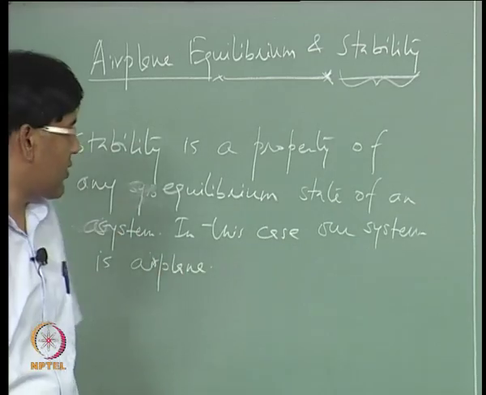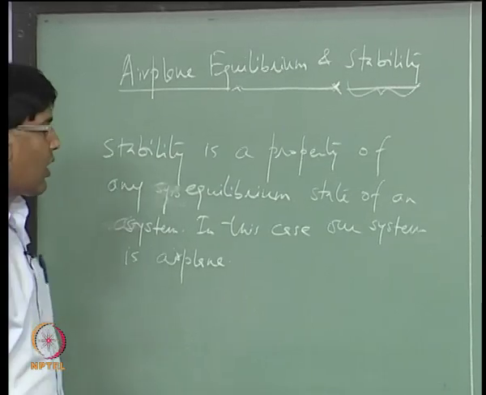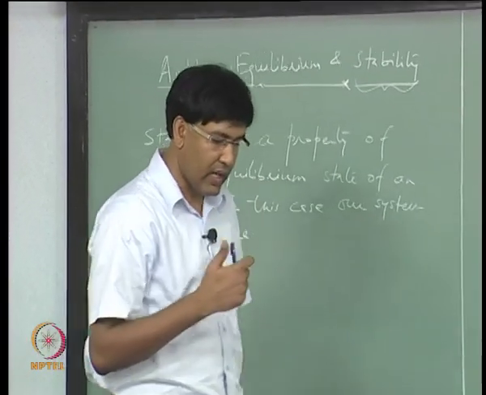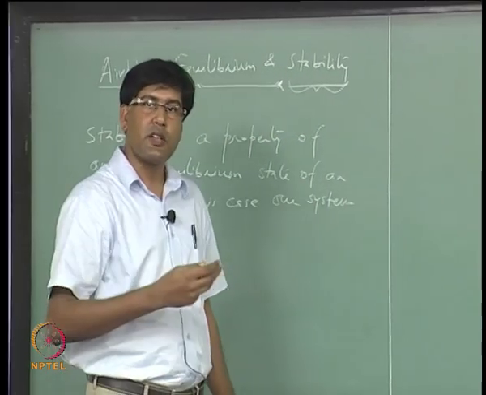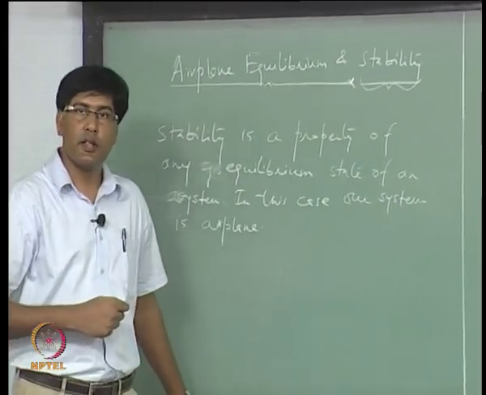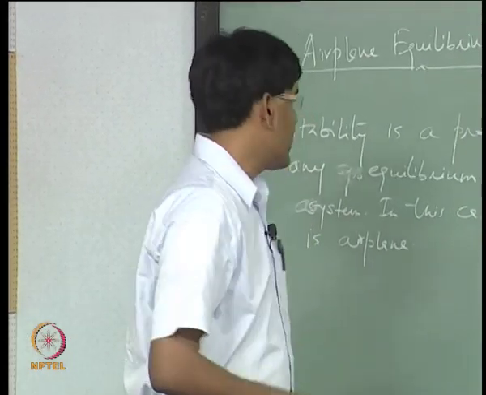Let me repeat what we are interested in looking at. We are interested in looking at how an aircraft which is flying in equilibrium responds to any external disturbance which can be coming from wind, for example.